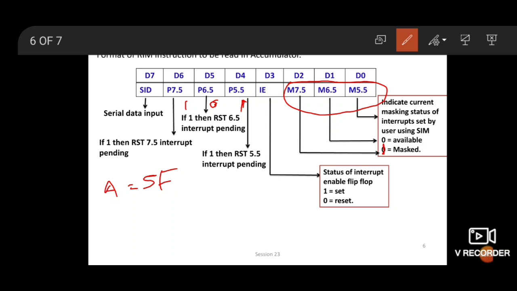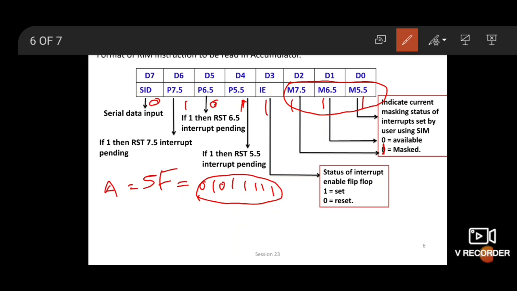Suppose 5F is converted into binary. 5 means 0101 and F means 1111. Now these bits are put in the bit positions, here 0101, here 1111. After putting this 5F, write the meaning.